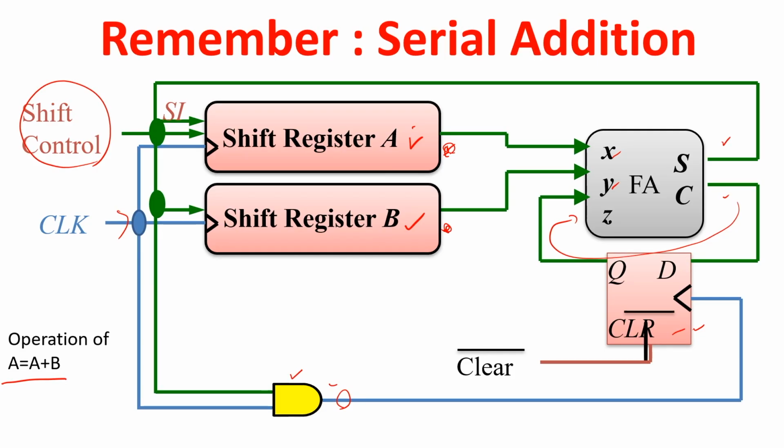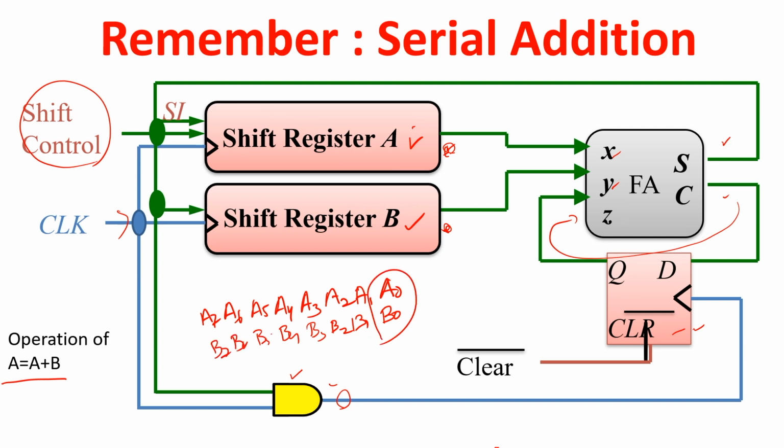If you take A0, A1, A2, A3, A4, A5, A6, A7 and add with B0, B1, B2, B3, B4, B5, B6 and B7, it will do first A0 and B0, next A1 and B1, next A2 and B2.